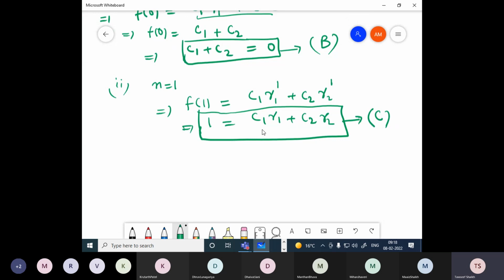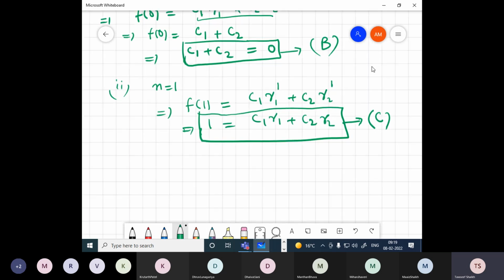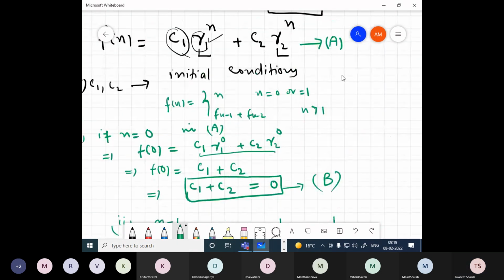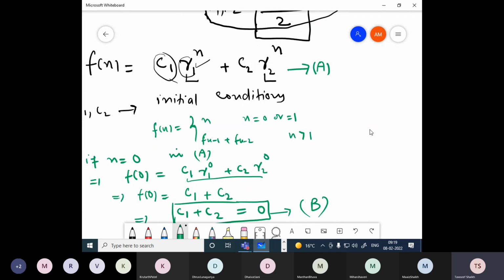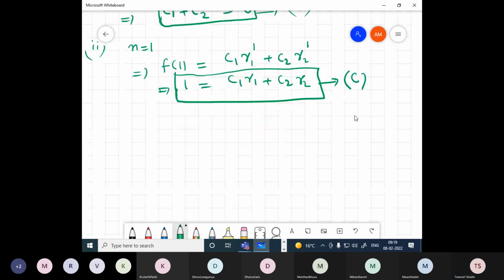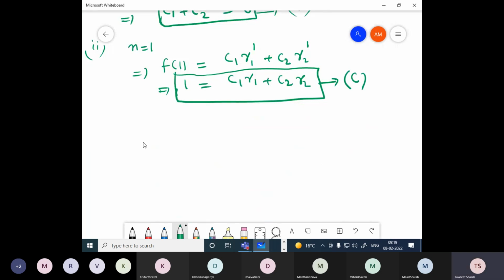So R1 and R2 values I already know, because we have already calculated them from here. As I said, R1 is equal to this one, R2 is equal to this one. So if I take equation C, it is equal to 1, C1 R1.